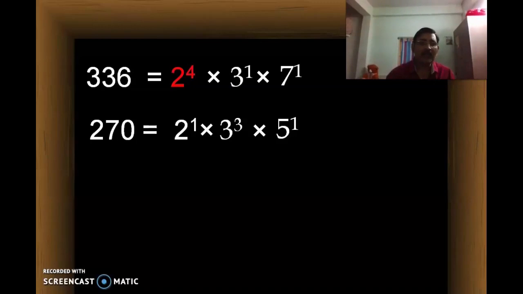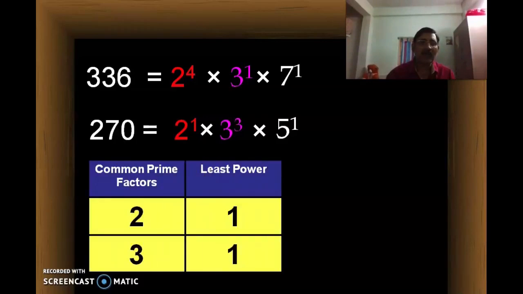For getting the HCF, first identify what are the common prime factors in both. Clearly, we can observe that 2 and 3 are the common prime factors. Now, common prime factor 2, if we observe, 2 has powers. In the first number, the power of 2 is 4, and in the second number, the power of 2 is 1.